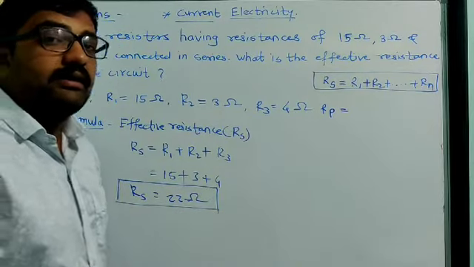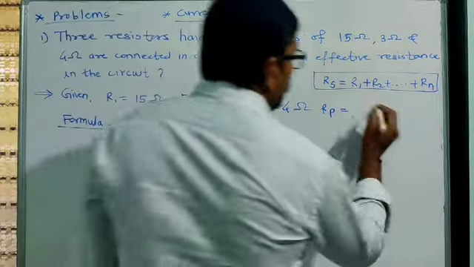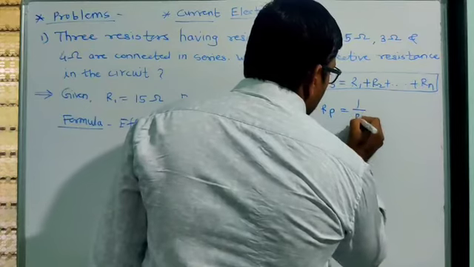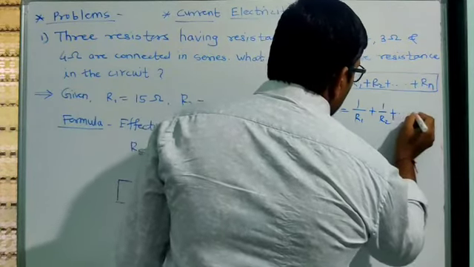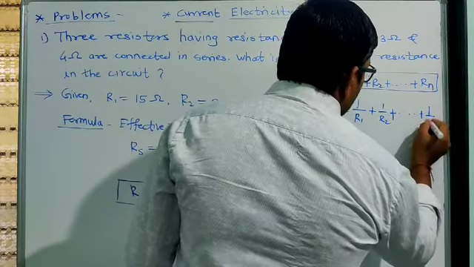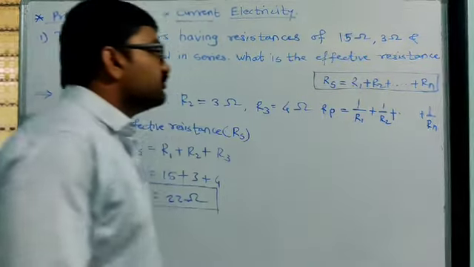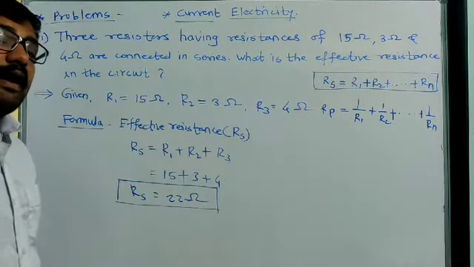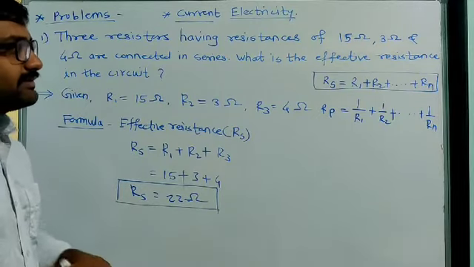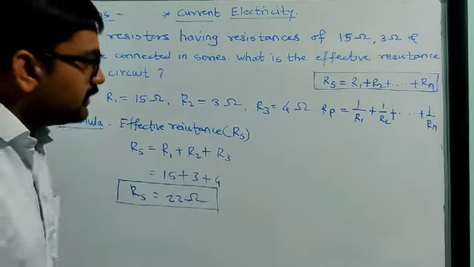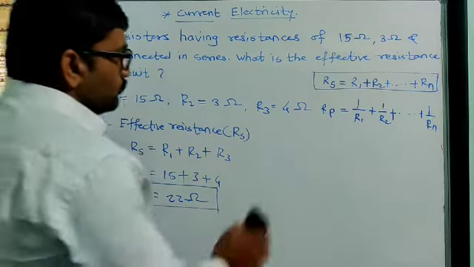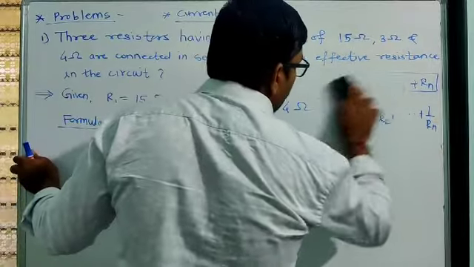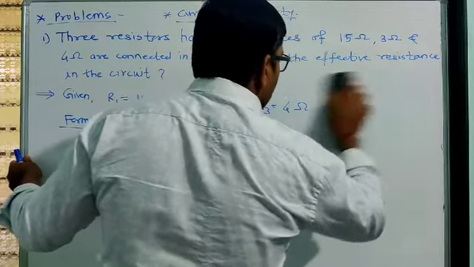So parallel resistance will be equal to 1 by R1 plus 1 by R2 plus up to 1 by Rn. So these two formulas we have already studied. Today we will study only problems based on these two formulas. So look at the first problem.